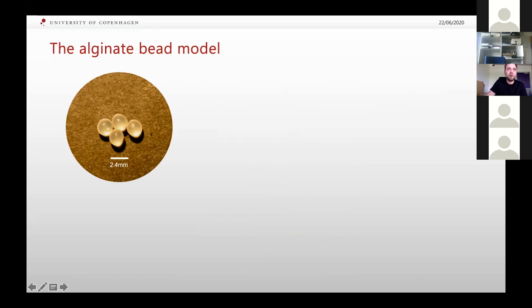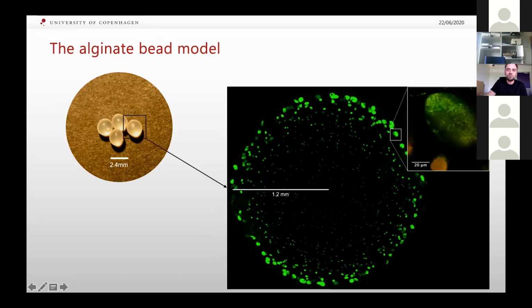And then the single bacteria form microcolonies, and you often observe a strong size gradient from the outer alginate bead toward the center, due to resource gradients of both oxygen and nutrients. And we've shown that the characteristic aggregate sizes, also the tolerance towards antibiotics, resemble the biofilms observed in infections when you grow it in this alginate bead model.